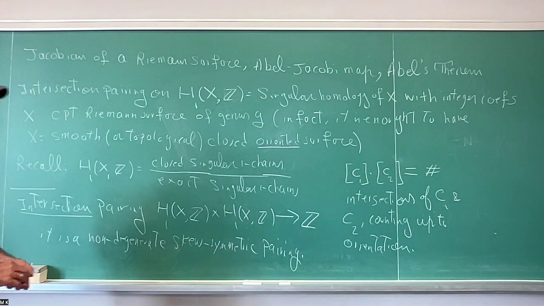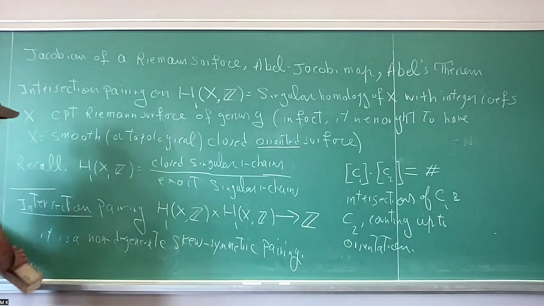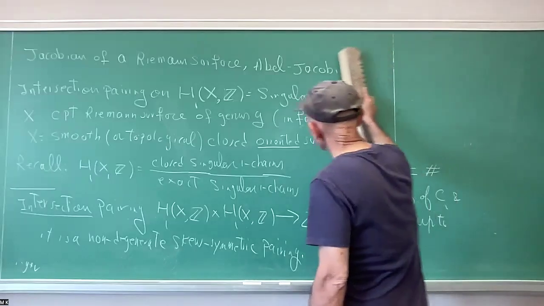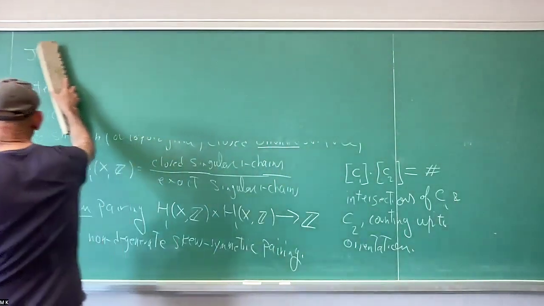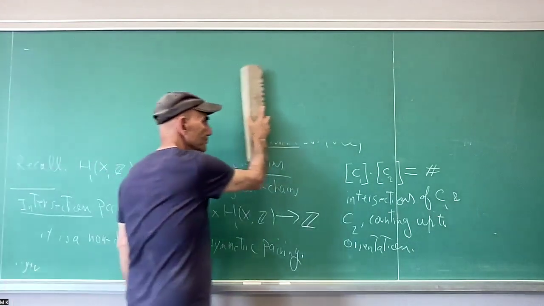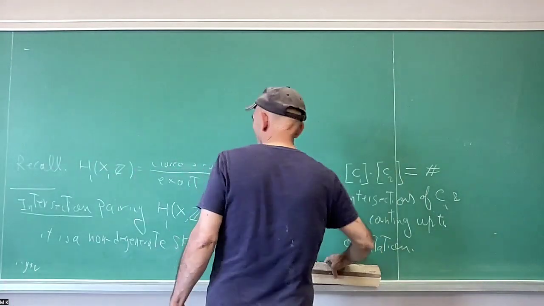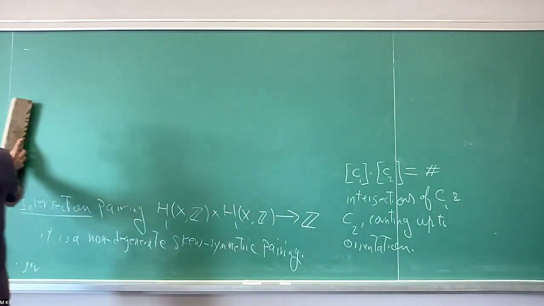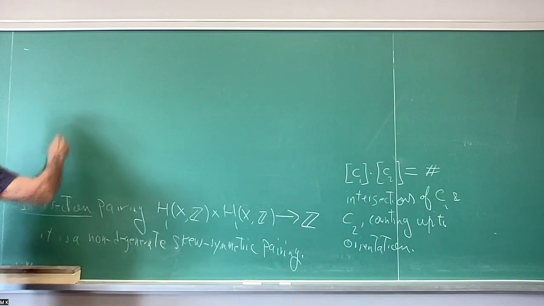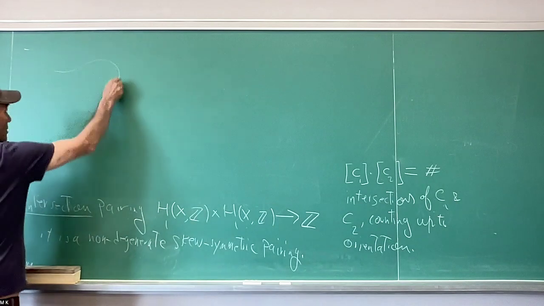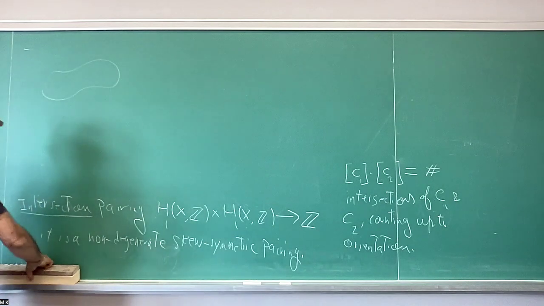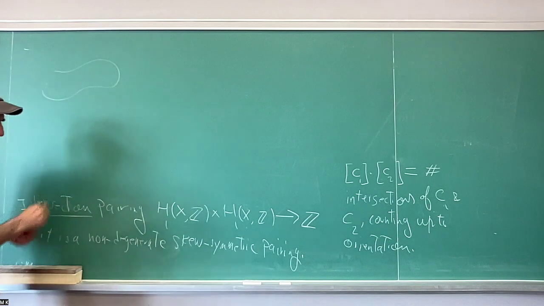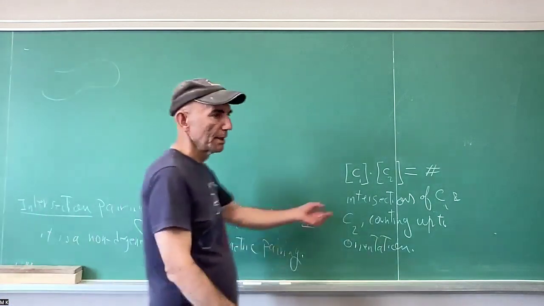So what do I mean by this? Let me explain. You just take a cycle, or closed chain, C1.